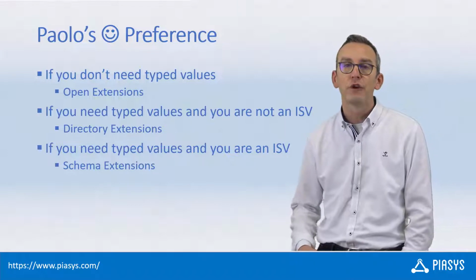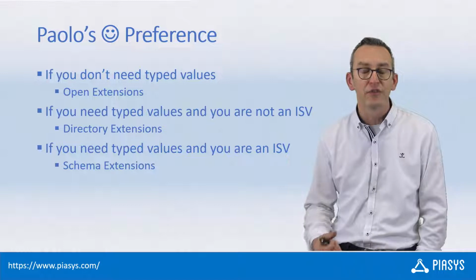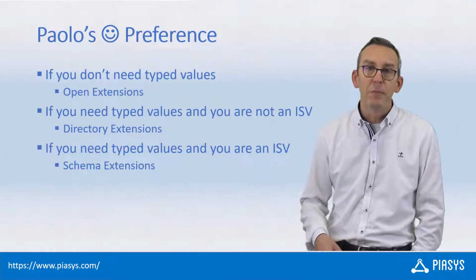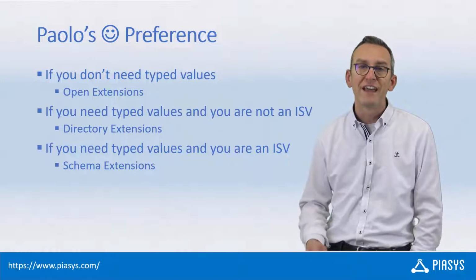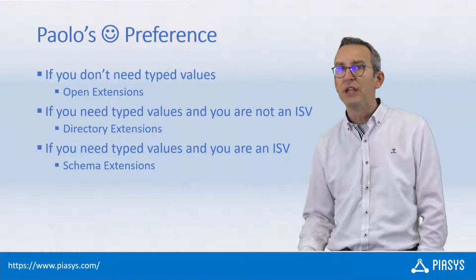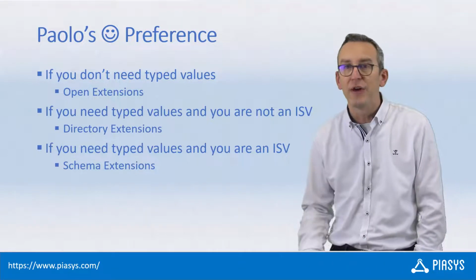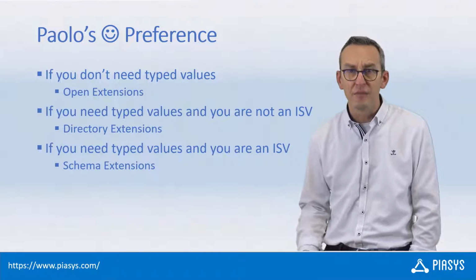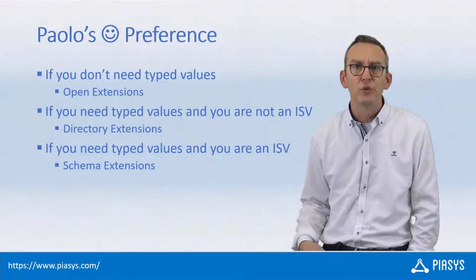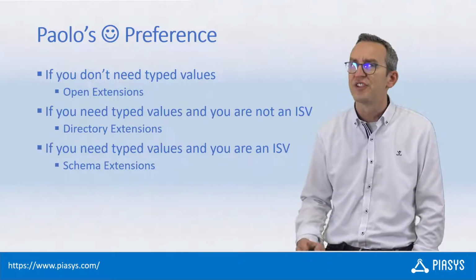But if you are looking for a fully typed value to extend your resources in Azure Active Directory, and you are not an ISV, my suggestion is to go for the directory extensions. On the contrary, if you are an ISV willing to sell your solution to multiple customers, in my opinion and my advice is to think about using the schema extensions. So, as I said, it really depends on what you want to do and what you really need, but at least now you have a clear understanding of what the options are.